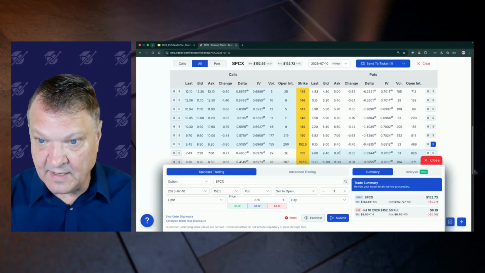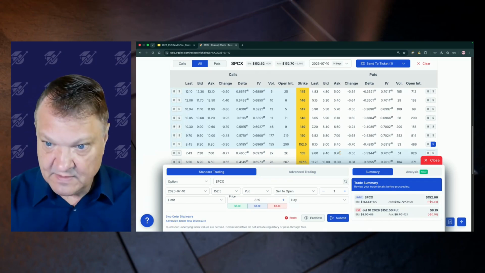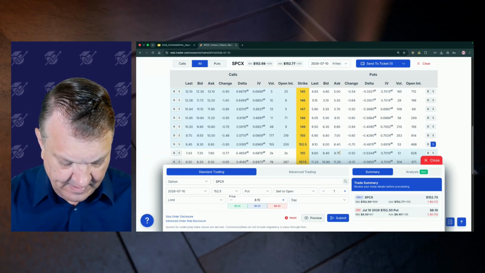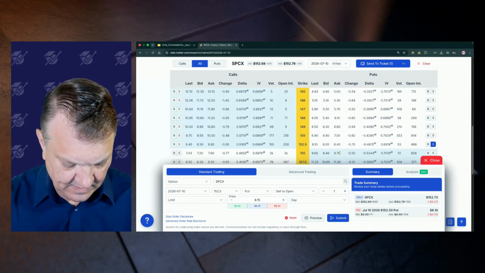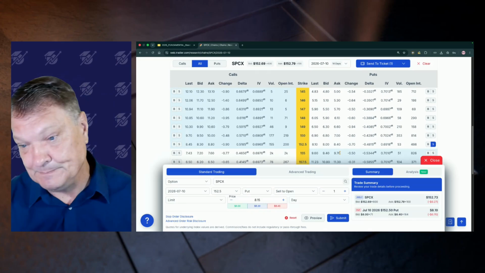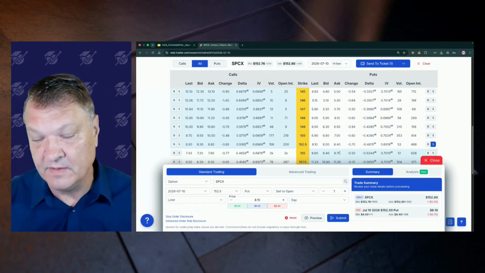But if we got it done at, we'll call it 690 on the 150 strike, and I'm going to divide that by 150. We're talking about 4.6%. Giving up about 0.75%.